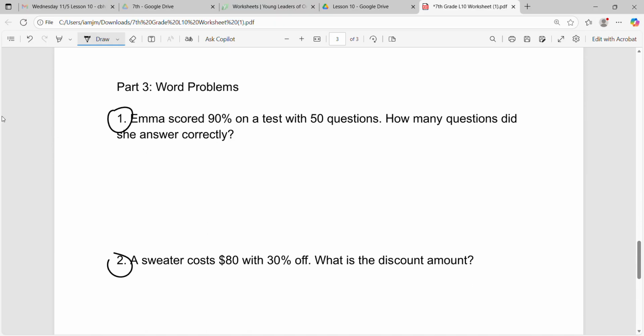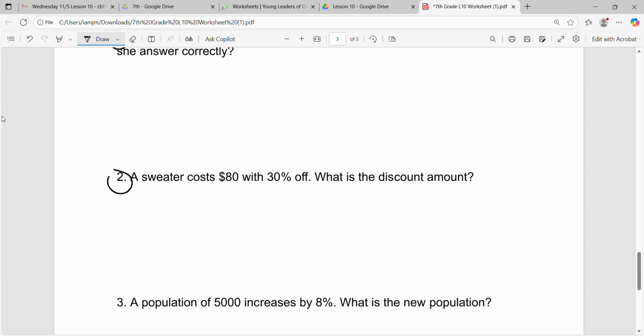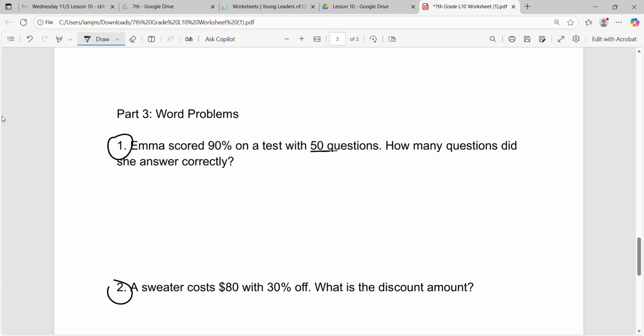We'll be working on number 1 and 2. Emma scored 90% on a test with 50 questions. How many questions did she answer correctly? She got a pretty high score of 90% on a 50 question test. We don't know how many questions she got right out of 50, so we'll put n over 50.